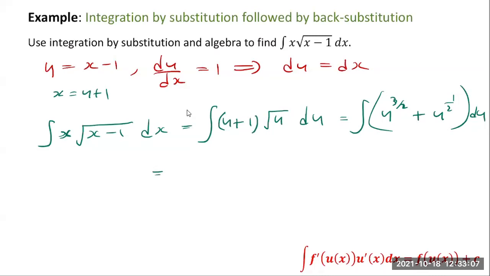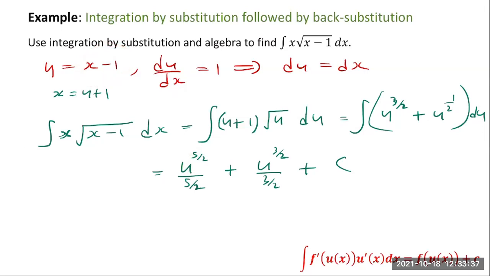Okay, let's do that. If you integrate this, you get u to the power 5 over 2 divided by 5 over 2 plus u to the power 3 over 2 divided by 3 over 2 plus a constant. Remember, this is not your final answer. You need to back substitute for u. Your u is nothing but x minus 1. Let's go ahead and back substitute that.